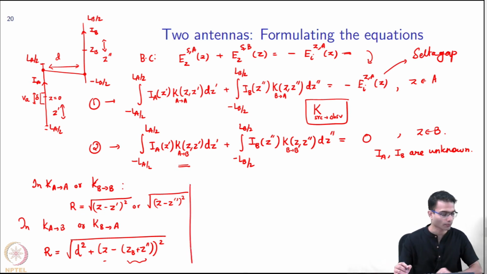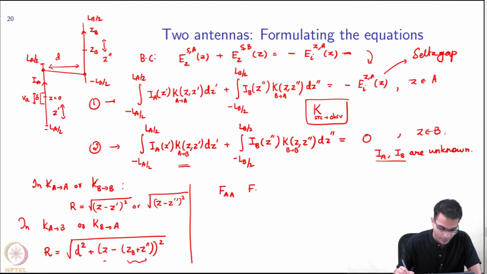It is not complicated, I just have to keep the geometry very carefully in mind, and this whole thing over here will boil down to a coupled matrix equation. This first term over here, what is unknown over here? IA and IB. So this whole thing can be written as some FAA, FBA, or let us call it AB.